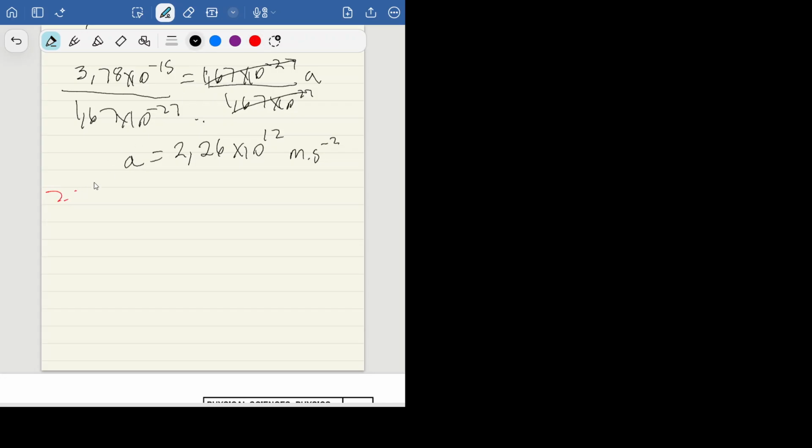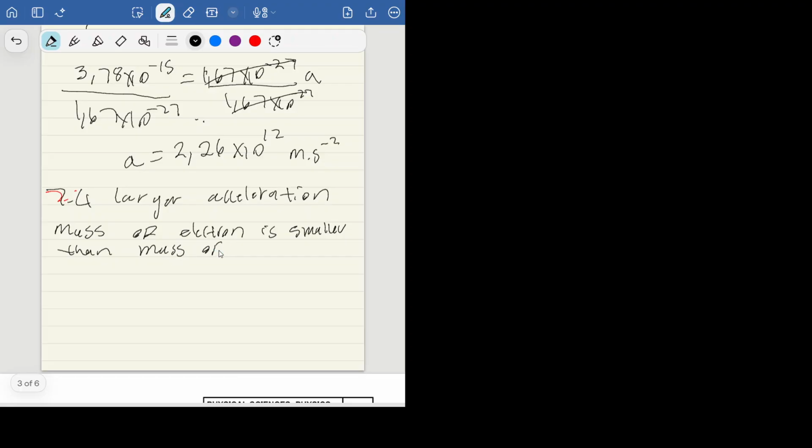That our question number 7.4, it will have a larger acceleration because we are talking about the electron. Why does the electron have a large acceleration? Because the mass of the electron is smaller than the mass of the proton.